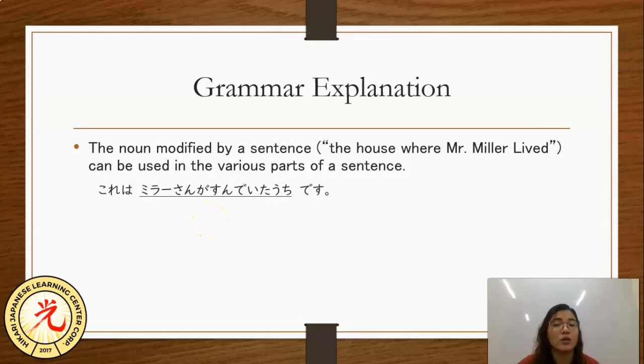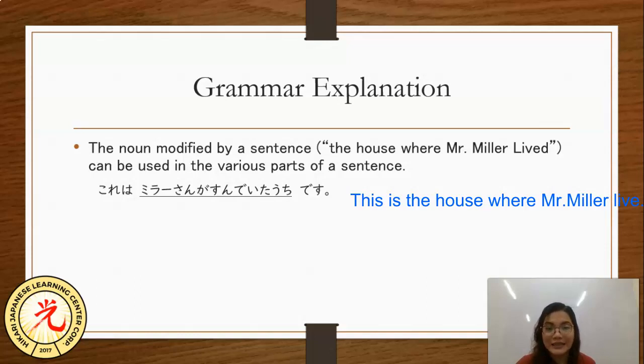Kore wa Miraa-san ga sunde ita uchi desu. So, this is the house where Mr. Miller lived.